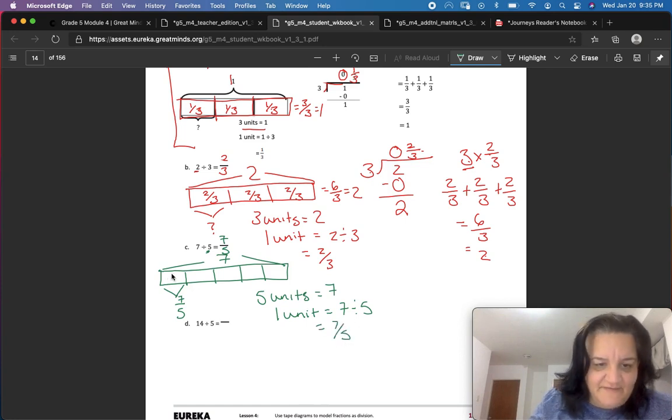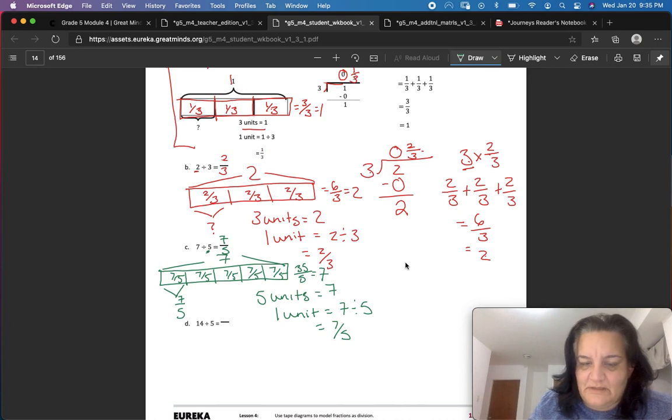And I can check that if I want. 7/5 plus 7/5 plus 7/5 plus 7/5 plus 7/5. So 7, 14, 21, 28, 35 fifths equals 7, right? Okay, now let's do the long division.